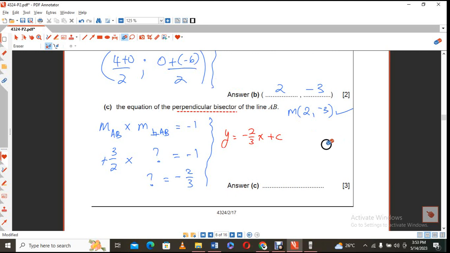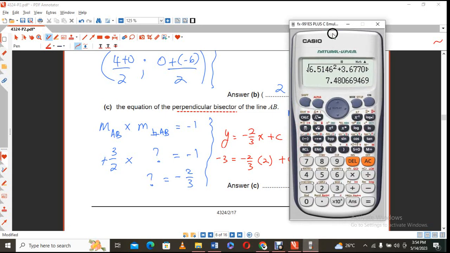And this is the line that is perpendicular that we are looking for. Now we're going to substitute our point for y, which is negative 3, and for x, which is 2, plus c. That's good. So eventually, this is going to give you negative 3 equals negative 4 over 3 plus c. That will give me that c will be negative 3 plus 4 over 3.